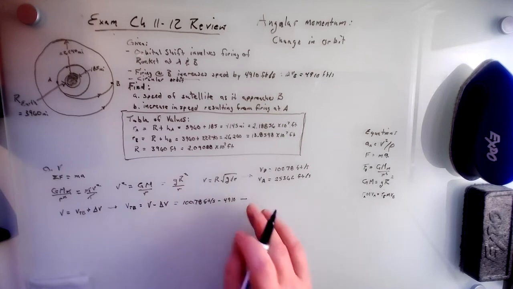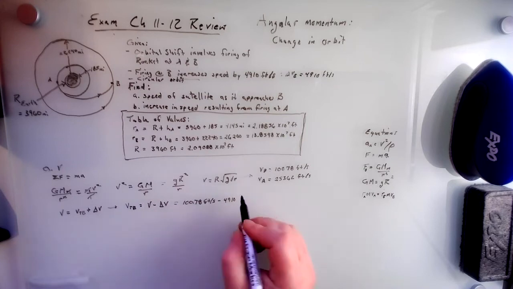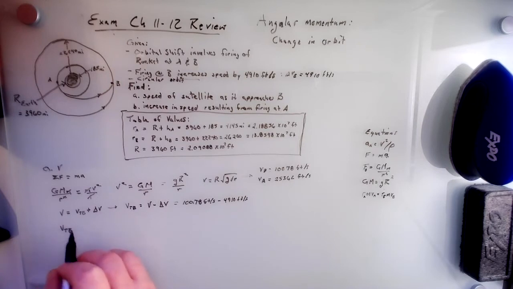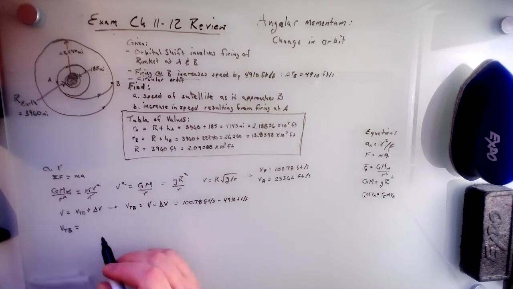So VTB equals 10078 minus 4910, 5168. 5168 feet per second.